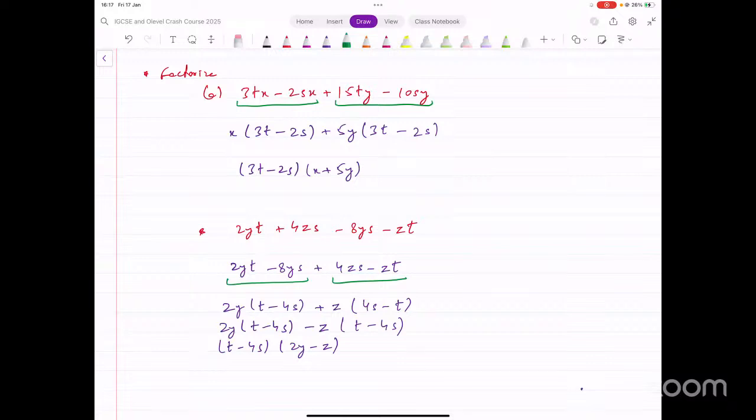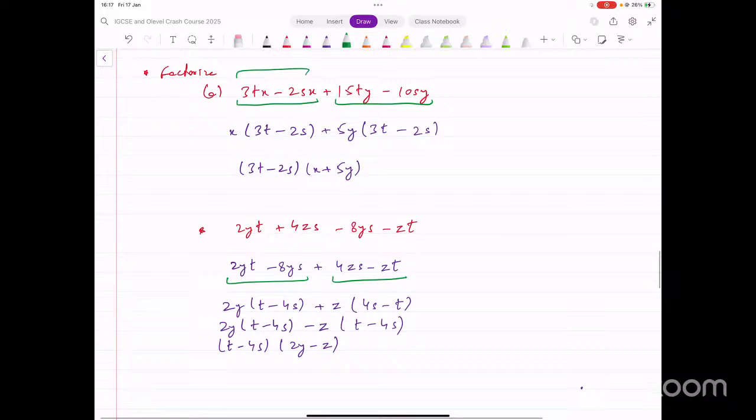In particular, when we had 4 terms, you generally take something common from the first 2 terms and something common from the last 2 terms, and then the expressions inside the brackets turn out to be the same, and then you can take that common again to write a factorized form like this. Sometimes in this case, when you have 4 terms, you cannot take anything common from the first 2 terms or the last 2 terms directly.